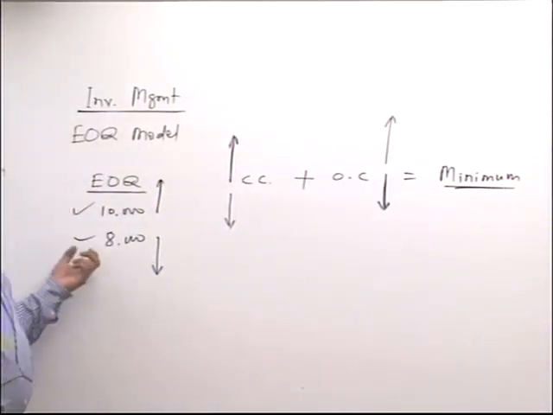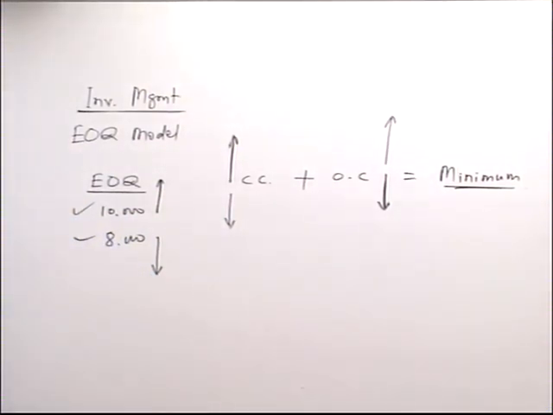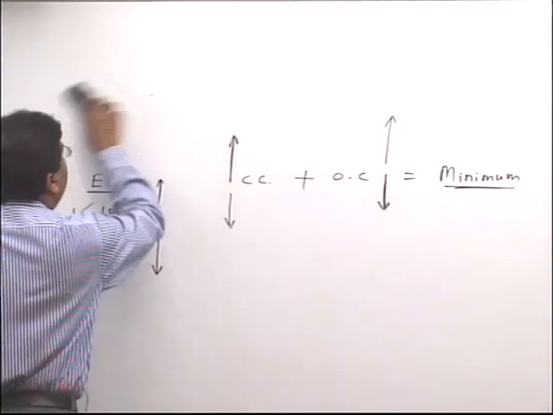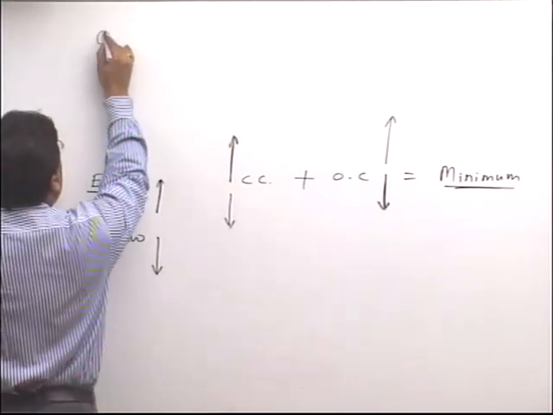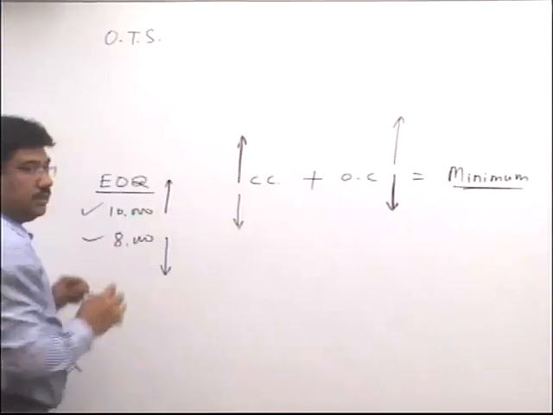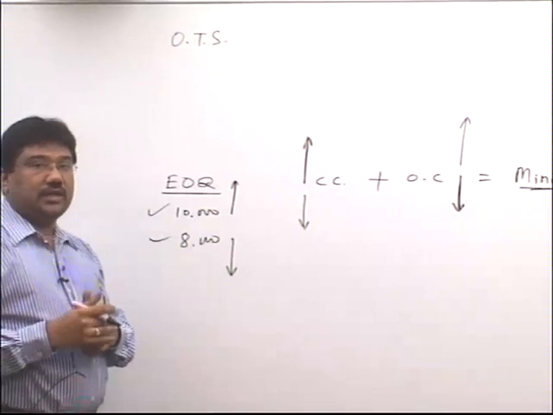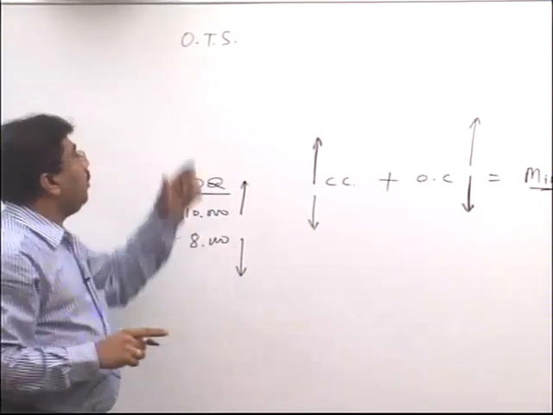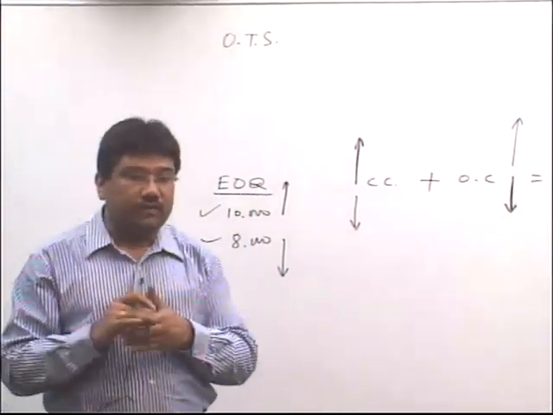Now the same concept is applied in cash management, according to this EOQ model of cash management. Here, instead of EOQ, we have optimum transfer size. Optimum transfer size means if there is surplus cash and you want to invest cash in one transaction, how much cash you should invest, that is called optimum transfer size of investment.